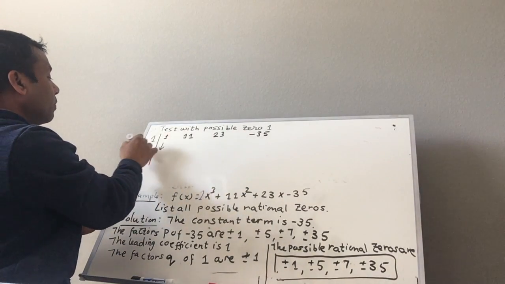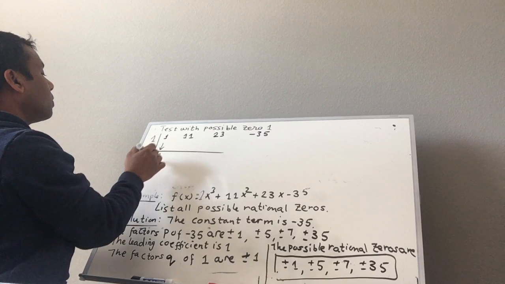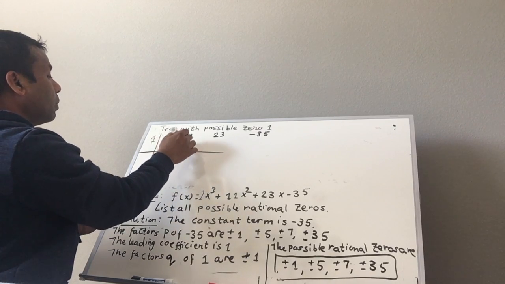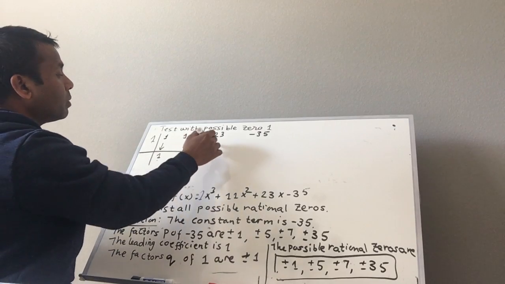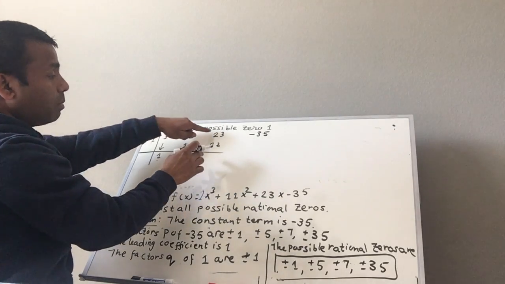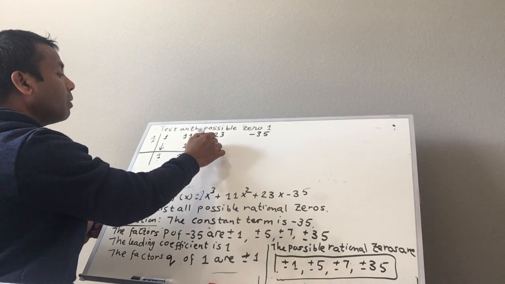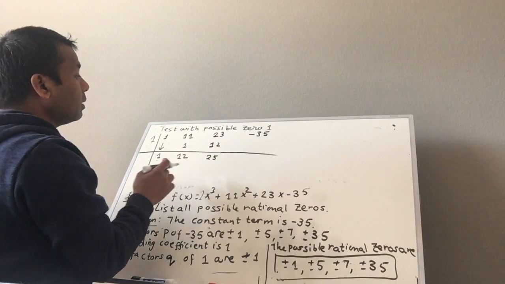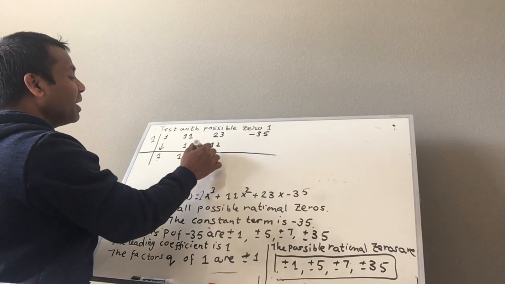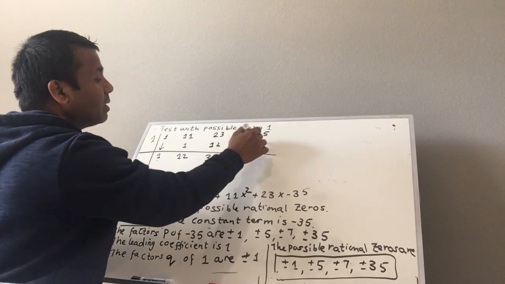You bring down the first coefficient, which is 1. You multiply 1 with 1, you have 1. 11 plus 1 is 12. 1 times 12 is 12. You combine 23 with positive 12, that gives you 35, I'm sorry, and 1 times 35 is 35.